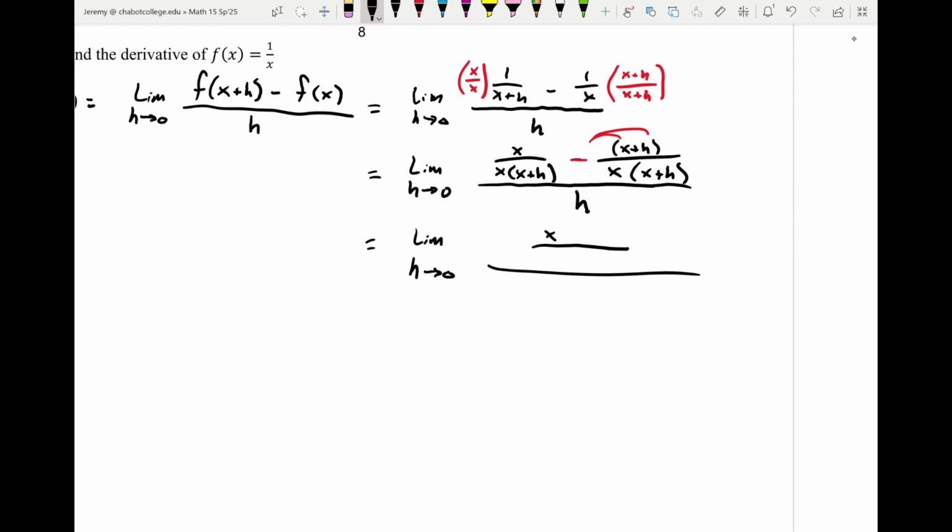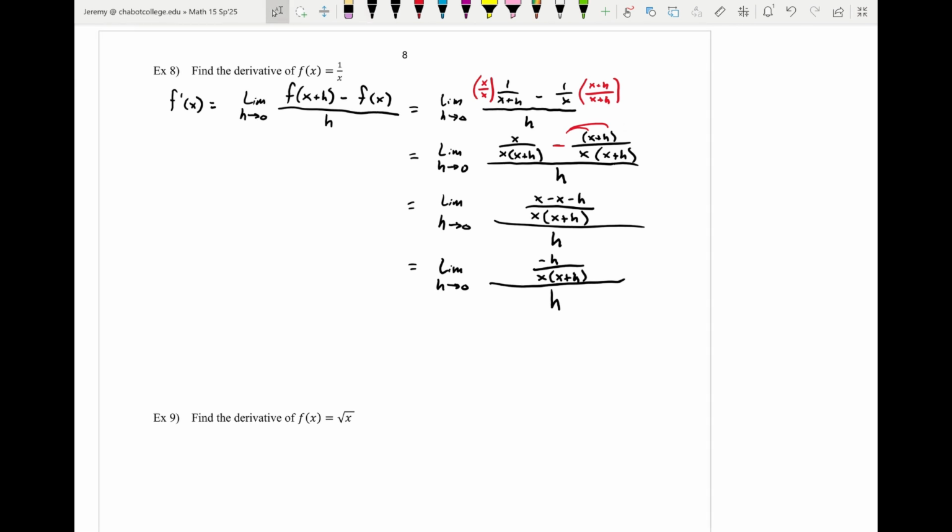We'll get x minus x minus h, right? Distributing the negative sign, all over x times x plus h. Big denominator is still h. All right, so the x minus x is going to go to 0. So now I'll just have negative h over x times x plus h, all divided by h.